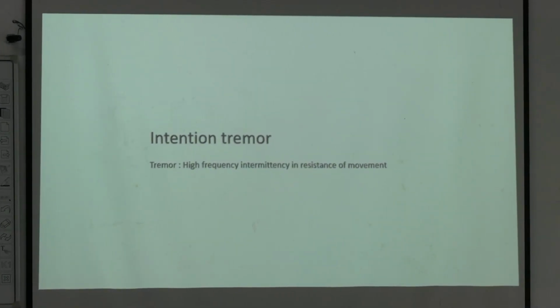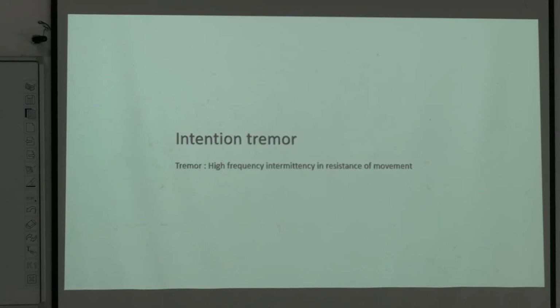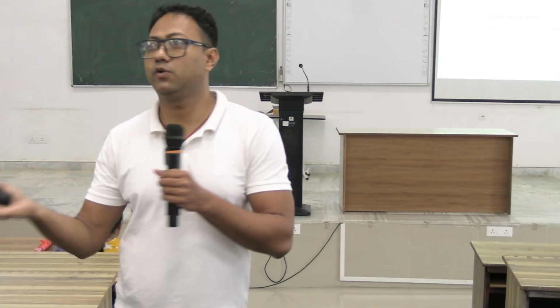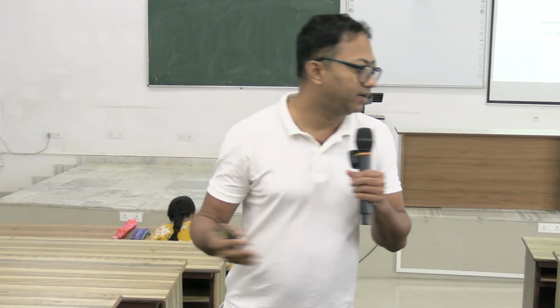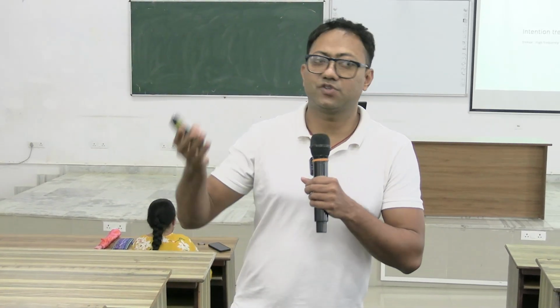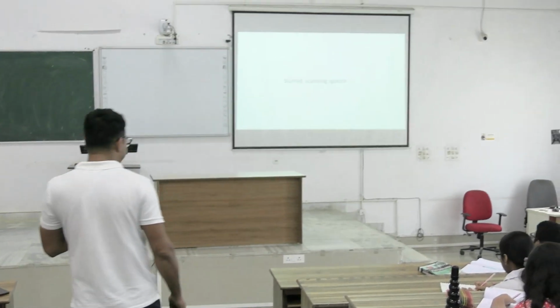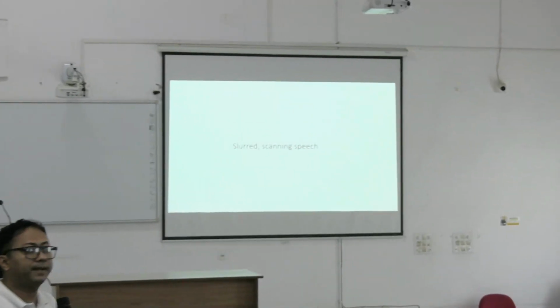The definition of tremor you should remember: it is high frequency intermittency in the resistance of movement. Different types of tremor we discussed yesterday: tremor in anxiety during the examination, tremor in hyperthyroid patients, resting tremor in Parkinson's disease, and very typical intention tremor in cerebellar disease, right? Next is slurred and scanning speech, and also remember pendular knee jerk.